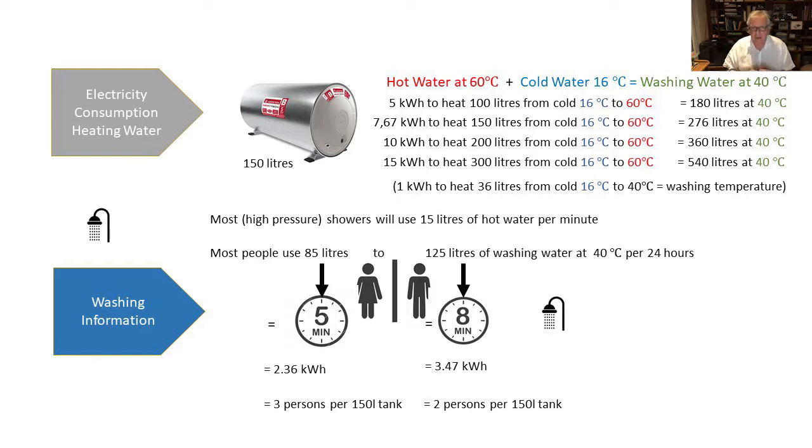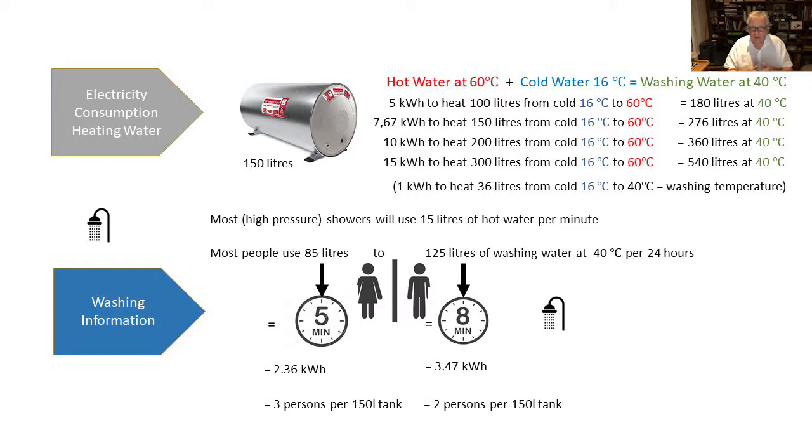And when you turn that into showering time, 85 litres is around 5 minutes of washing, and it's the equivalent of 2.36 kilowatt hours of electricity that will have been used. And likewise, if you're using 125 litres, it will be the equivalent of 8 minutes and around 3.47 kilowatt hours.